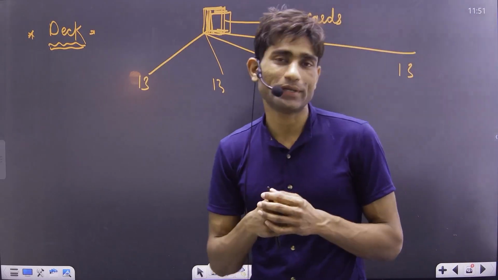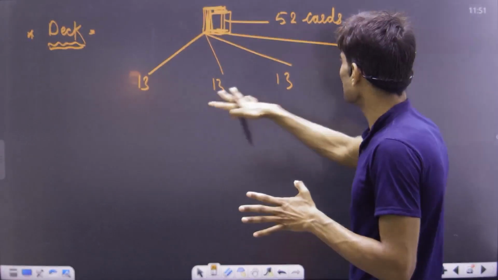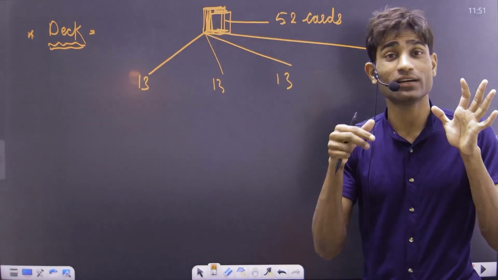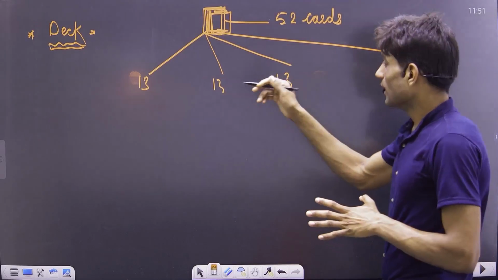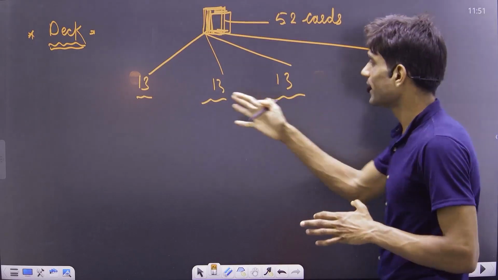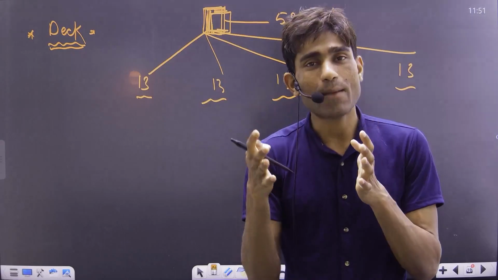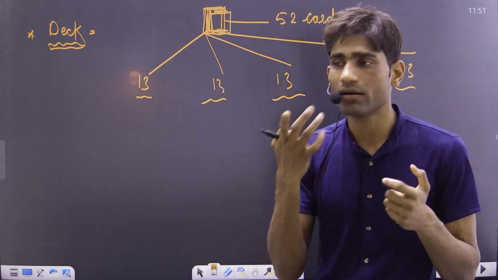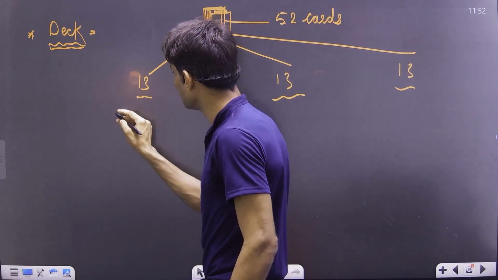13 fours are 52. That means the 52 cards are divided into 4 equal parts of 13, 13, 13 and 13. To identify these 13 cards, they have some symbols: heart, diamond, spade and club. Let me write the identifying symbols.